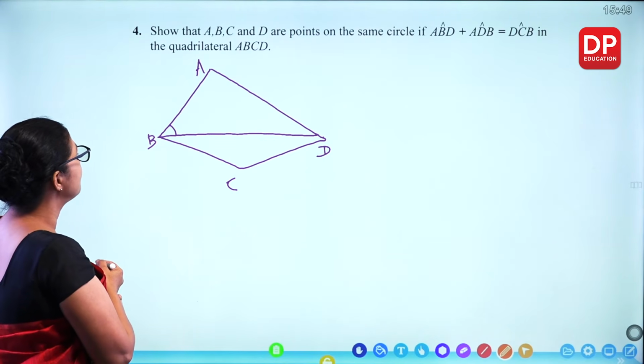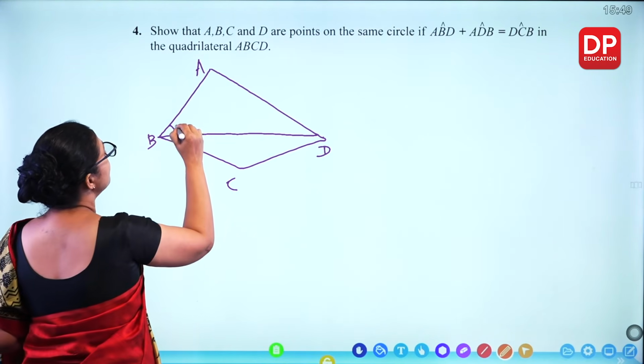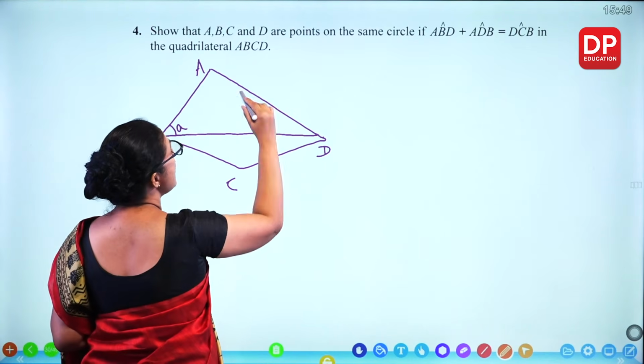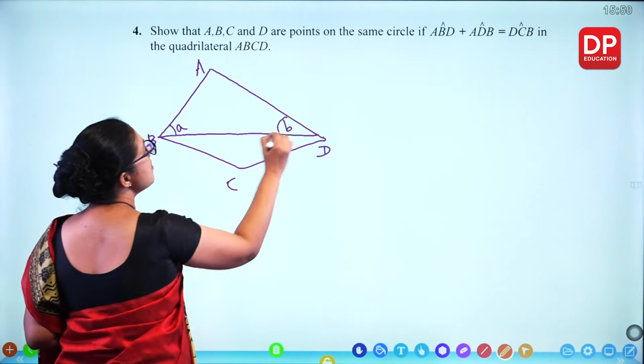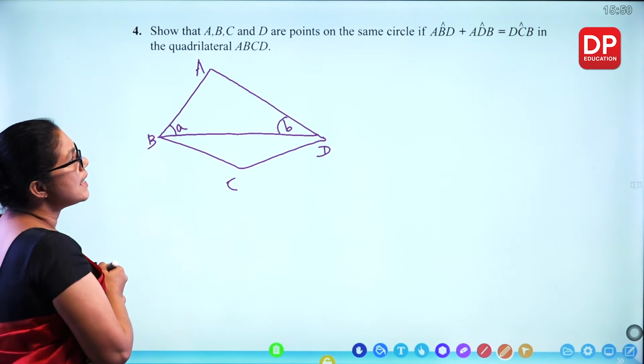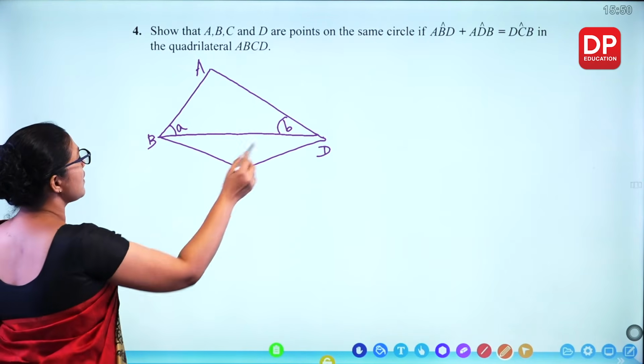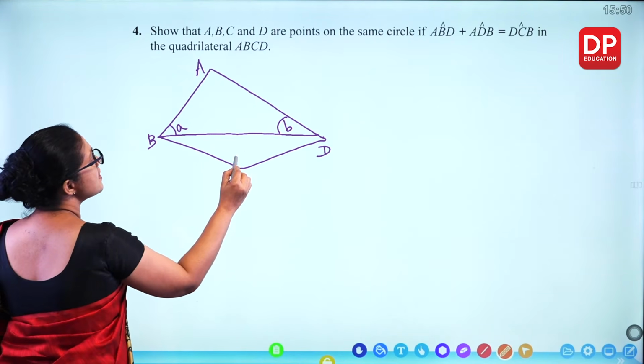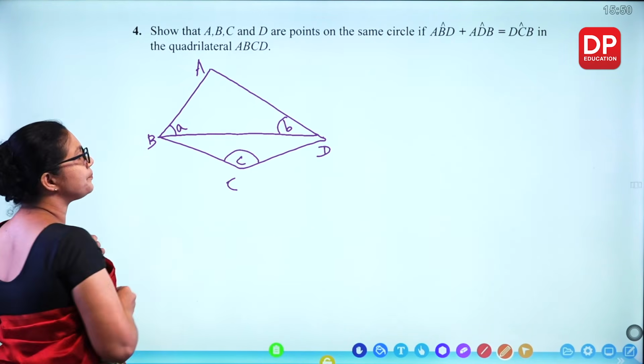We'll put A for this one, this is ADB. This is B. DCB, we'll put C.